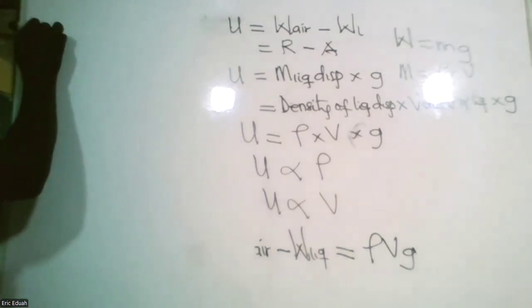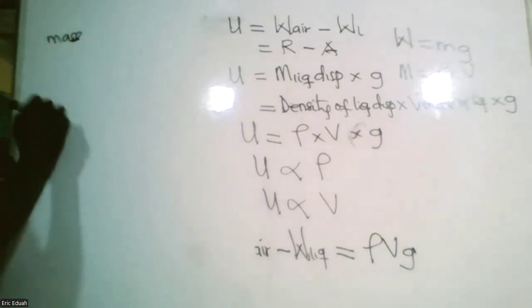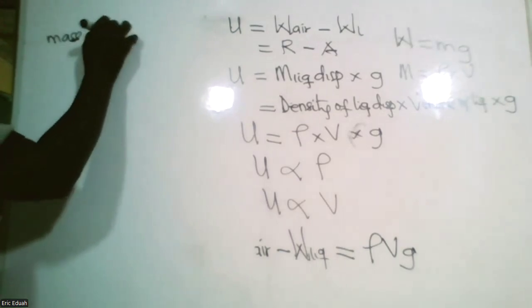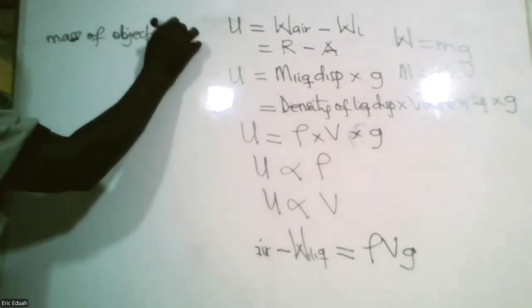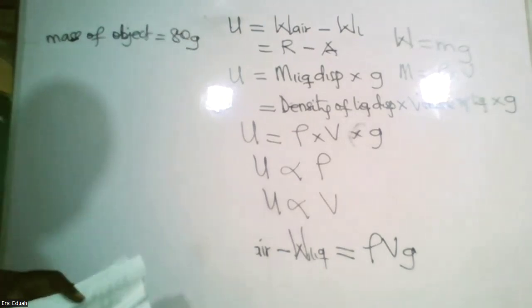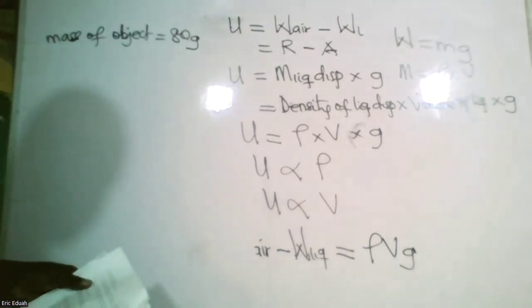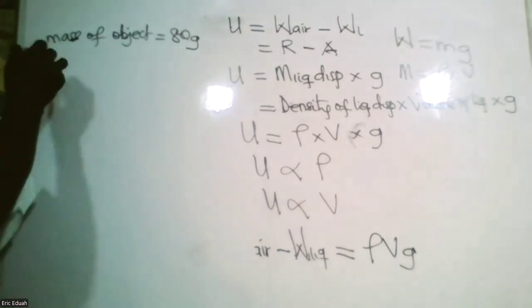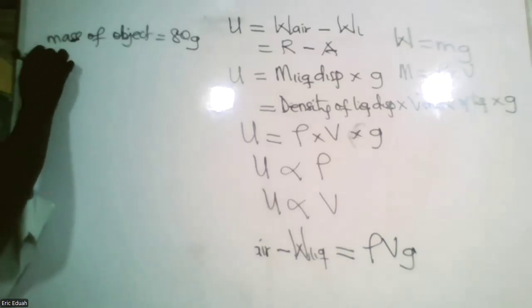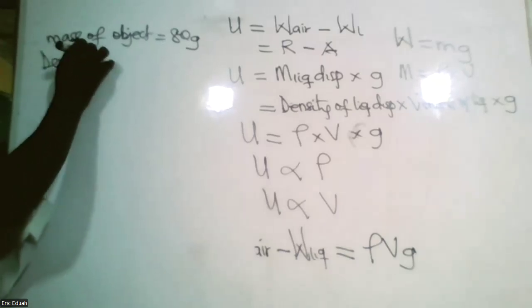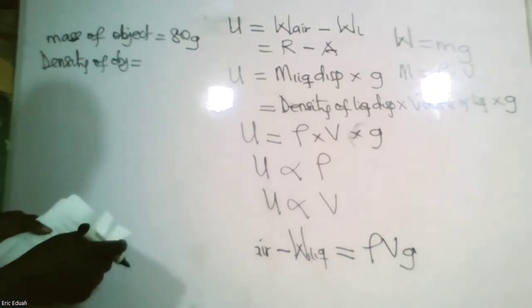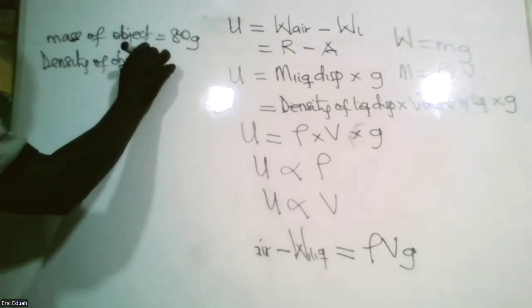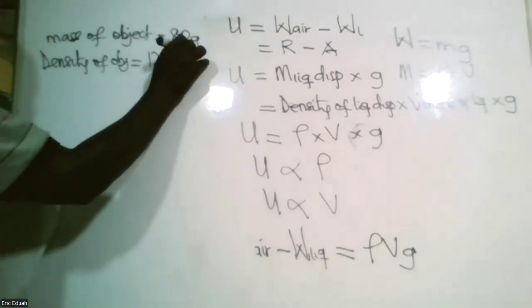So mass of object equals 80 gram, and it has a density of 12 grams per cm cube.